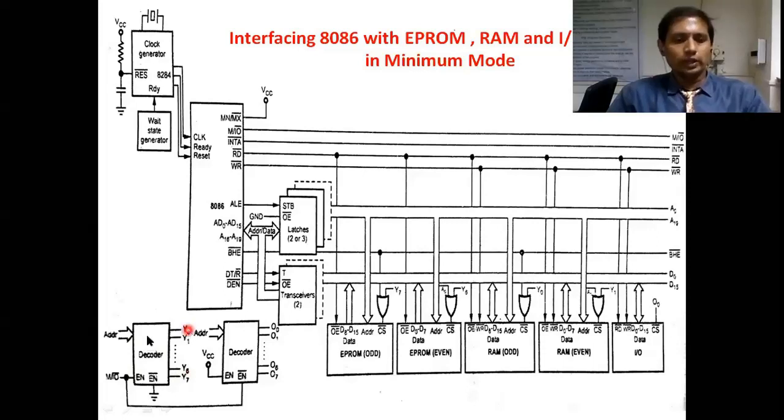The decoder takes a set of input pins and a set of control pins, and we get output pins accordingly. Control pins must be activated, then only we get output. There are various control pins, G1 bar, G2 bar, G. Similarly, there are various input pins, like A, B, C. Anyway, all details we will discuss in the coming video about the decoder. One decoder generates 8 outputs, another decoder also generates 8.